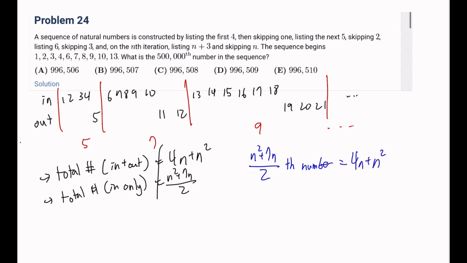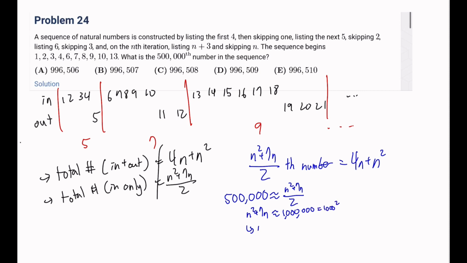And since we want 500,000, this has to be very close to n squared plus 7n over 2, and so n squared plus 7n should be close to 1 million. And so if we see this is 1,000 squared, right?